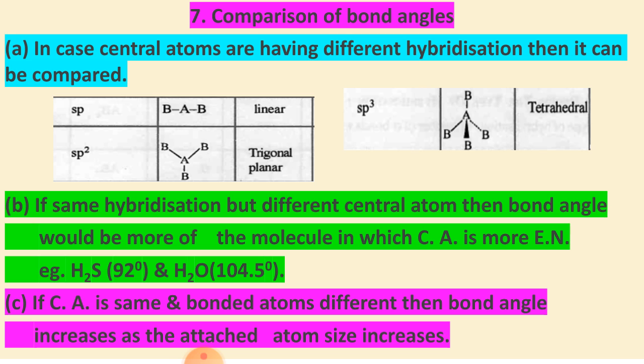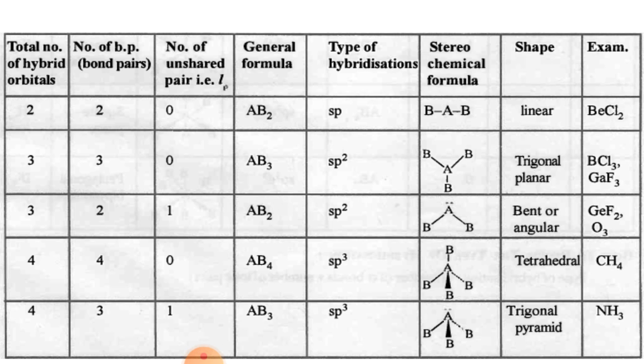CH4 is sp3 hybridized, ammonia is also sp3 hybridized and water is also sp3 hybridized, but the central atom carbon has no lone pair. The central atom in ammonia, nitrogen, contains one lone pair and in water, oxygen contains two lone pairs. So the more the lone pairs, the less will be the bond angle. In this way you can compare the bond angles of different molecules. This is very important from the examination point of view and also for competition.